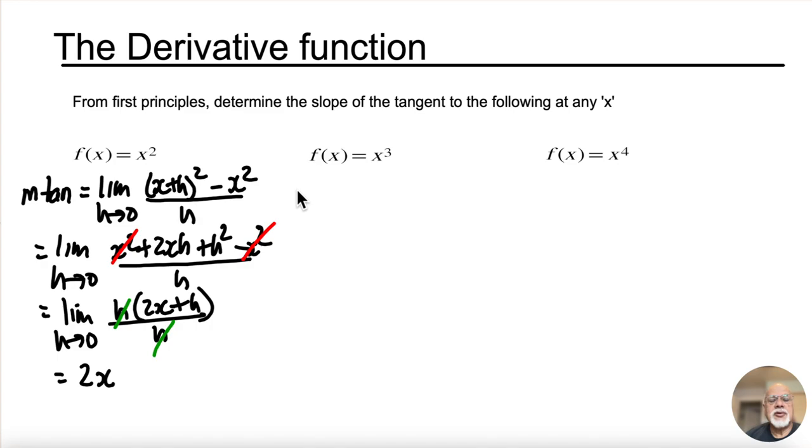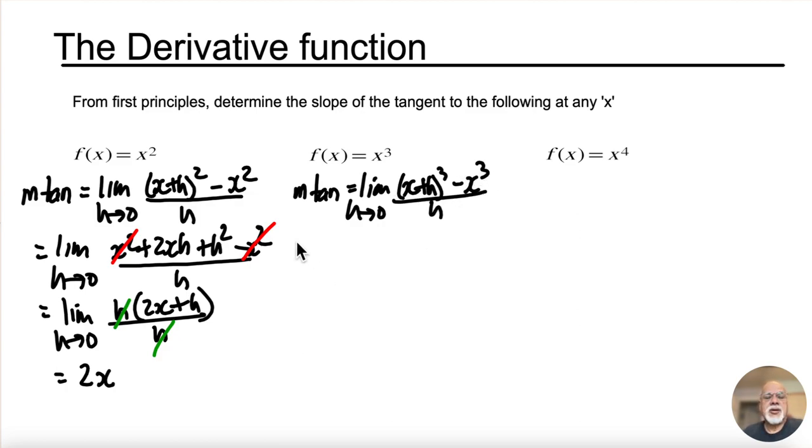Now, if we do it for x cubed, the slope of the tangent is the limit as h goes to 0 of x plus h cubed minus x cubed all over h. And hopefully you know how to expand x plus h cubed.